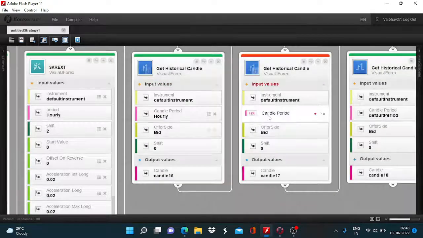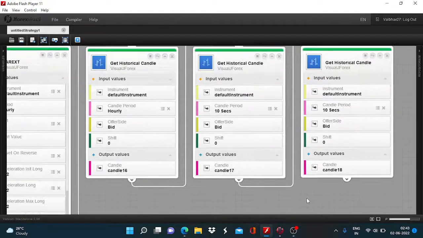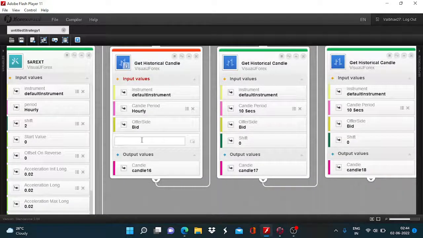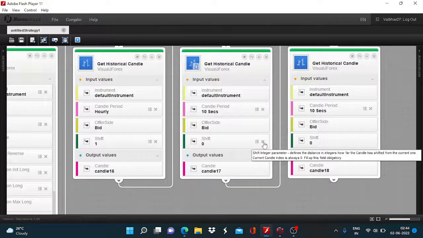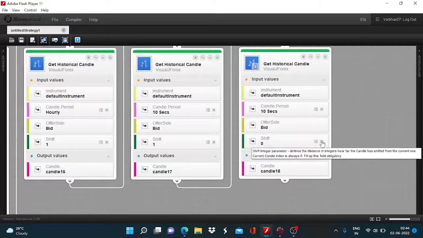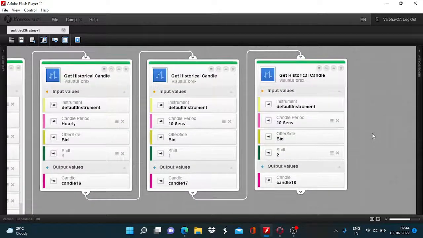This will be changed to 10 seconds. And the look back period will be 1 for this, 1 here, two. All right.